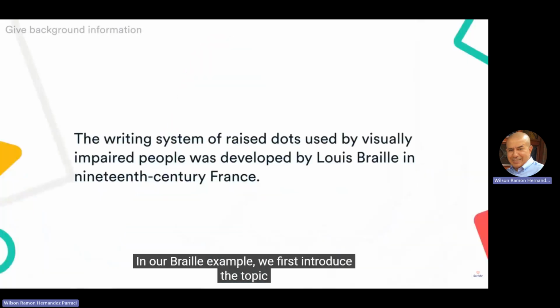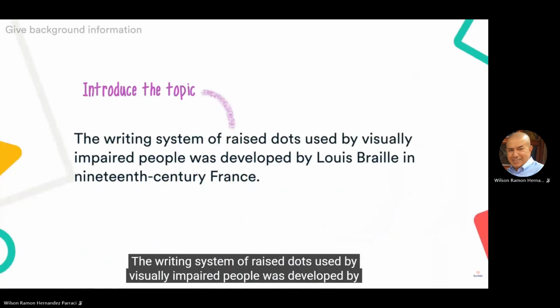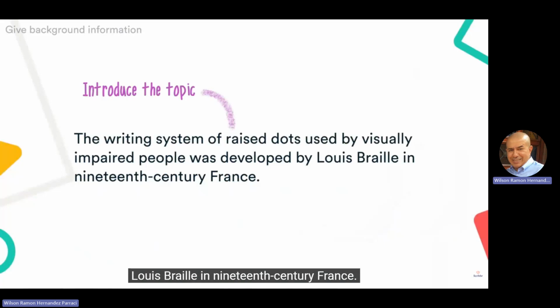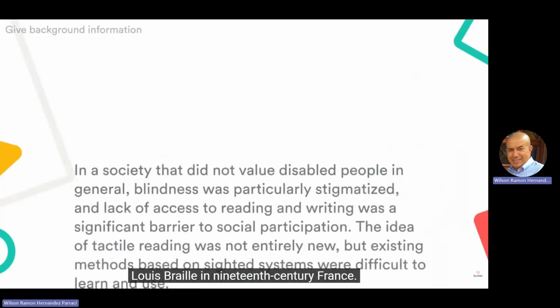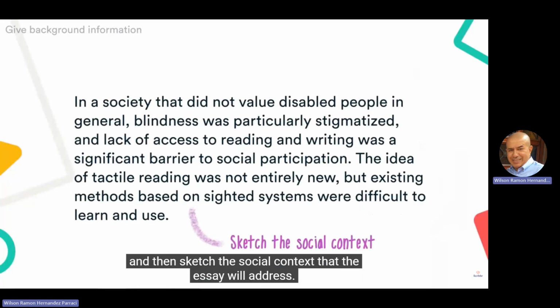In our Braille example, we first introduced the topic. "The writing system of raised dots used by visually impaired people was developed by Louis Braille in 19th century France," and then sketched the social context that the essay will address.